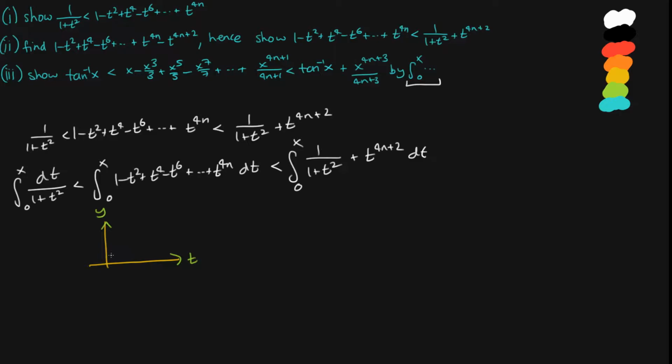So maybe this could be like 1 over 1 plus t squared, and this thing could be our series. As you can see, the series is greater than this term, and the integral from x to 0 will also be greater than that thing.